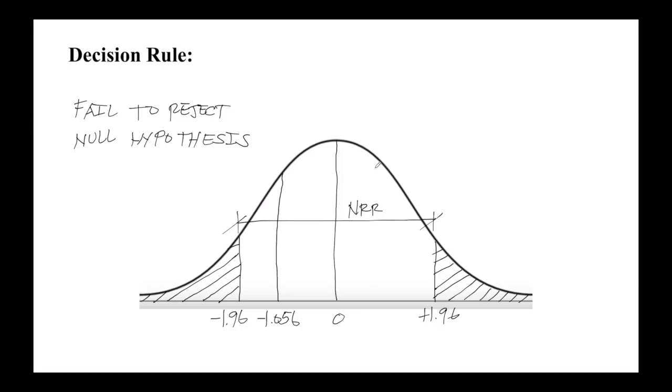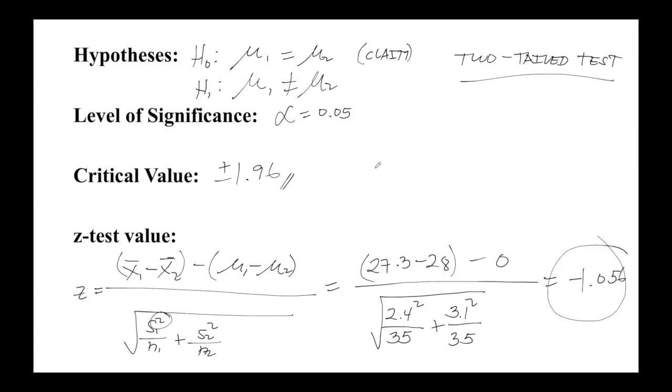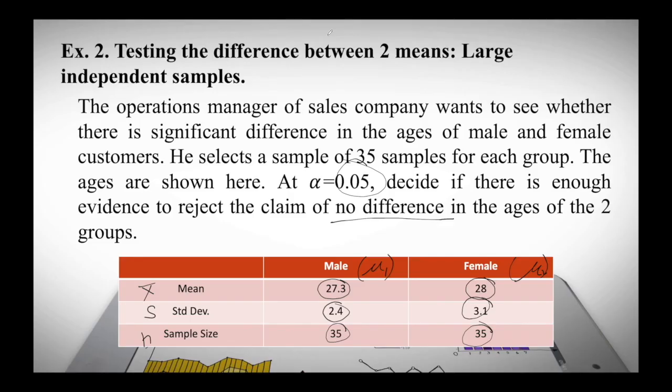Again, let's go back to our hypothesis. Fail to reject the null hypothesis. So, meaning to say, this is correct, we fail to reject this one and this is wrong. And the one that we fail to reject is actually the claim. Meaning to say, kung ano man yung kiniklaim nila dito sa problem, na wala silang pinagkaiba, yes, tama po sila.